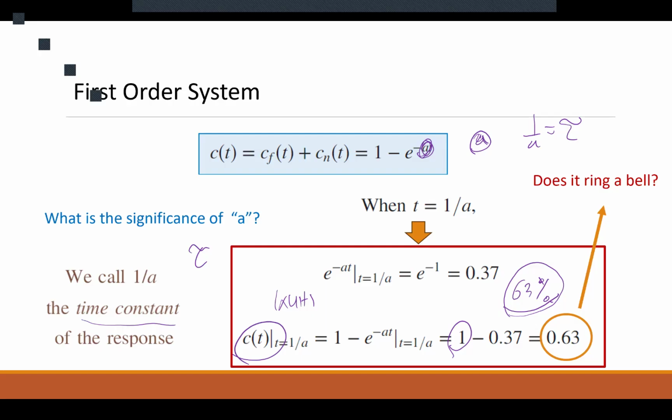What would happen if we are at t equal to 5 over a? Do you have a calculator? Find what is e to the power of minus 5.